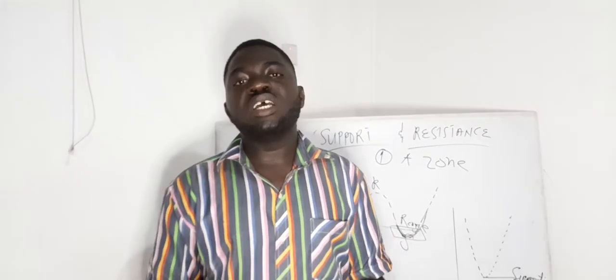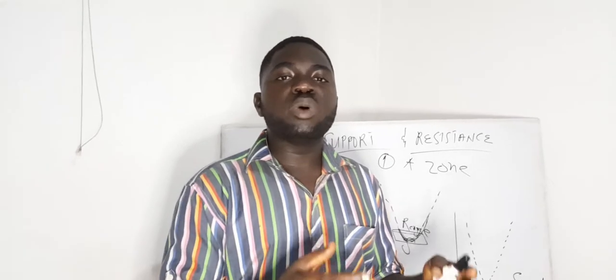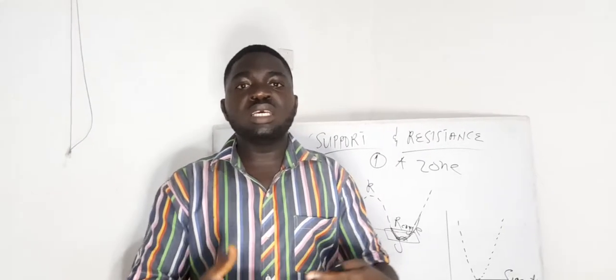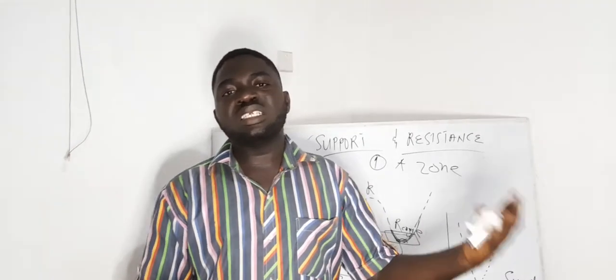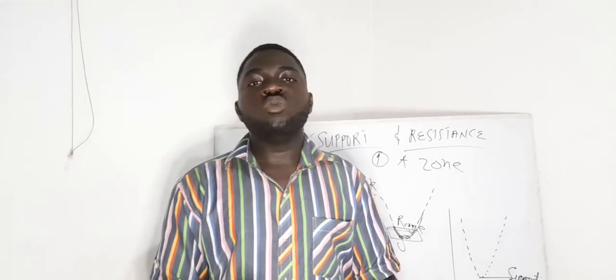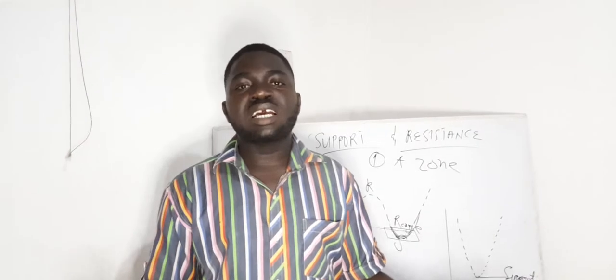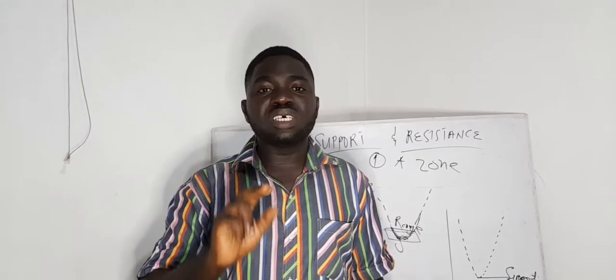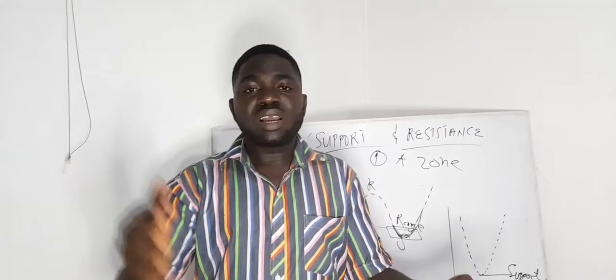So as a trader, you have to pay particular attention to these levels so that you don't take trades when the market gets there and make a lot of losses. Alright guys, so the secret is that it is of psychological importance to the institutions, the market players.